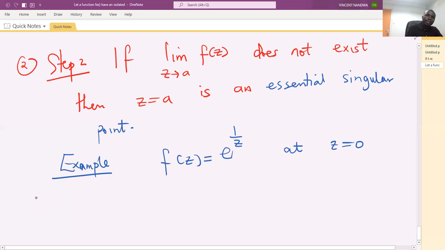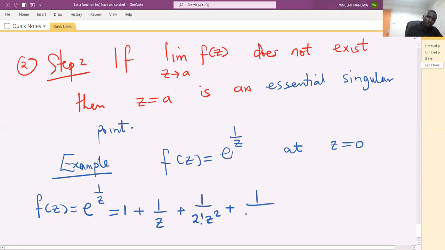So you see f of z equals to e raised to 1 over z can be written as a series 1 plus 1 over z plus 1 over 2 factorial z squared plus 1 over 3 factorial z power 3 plus other several terms.